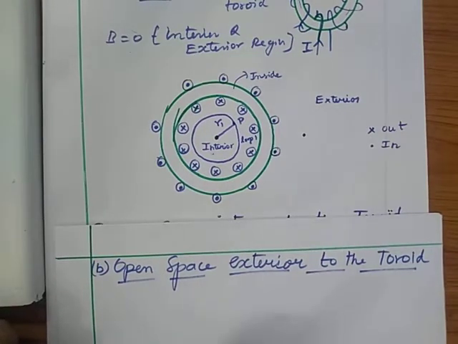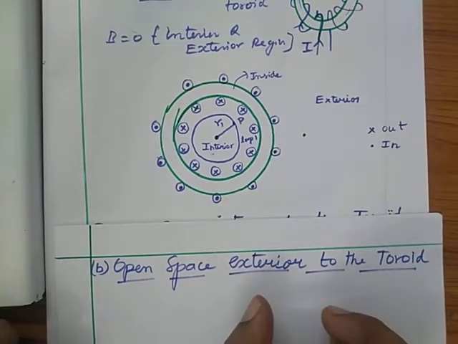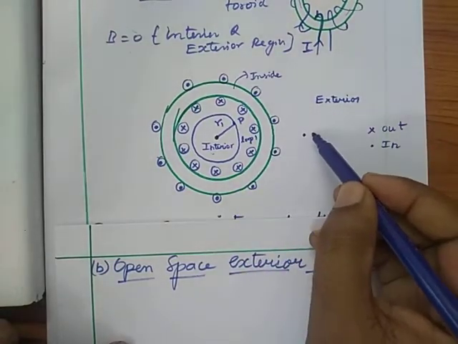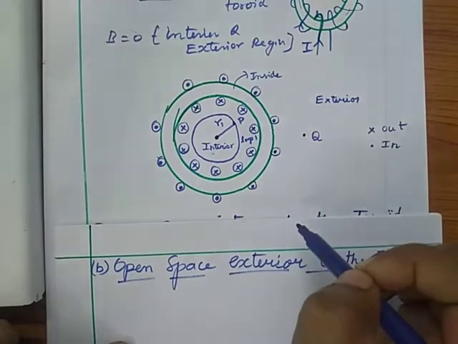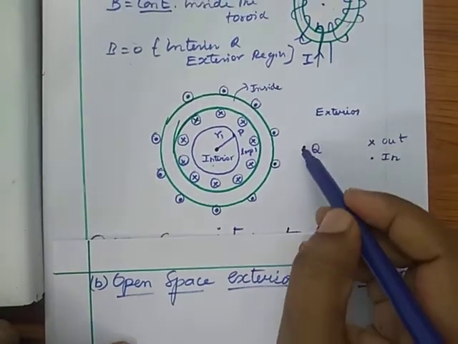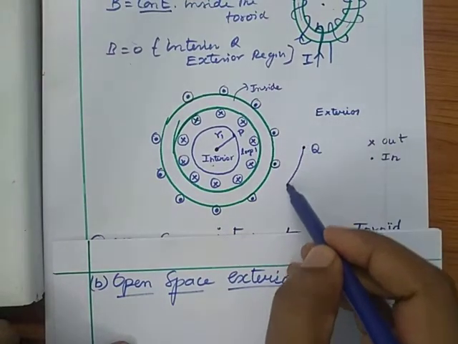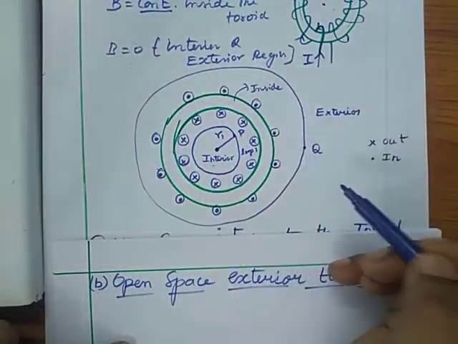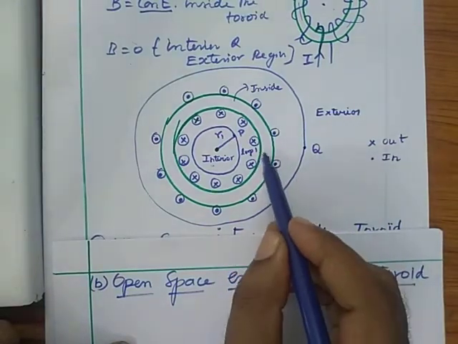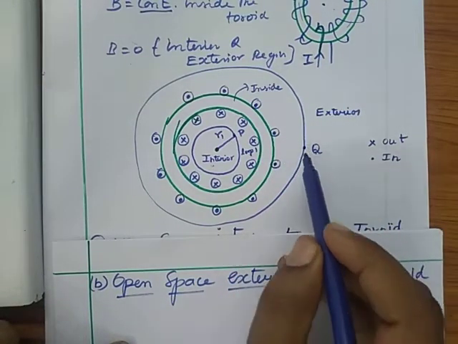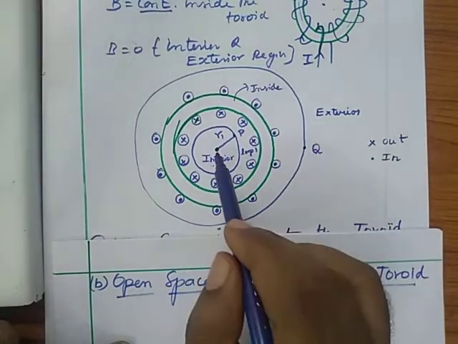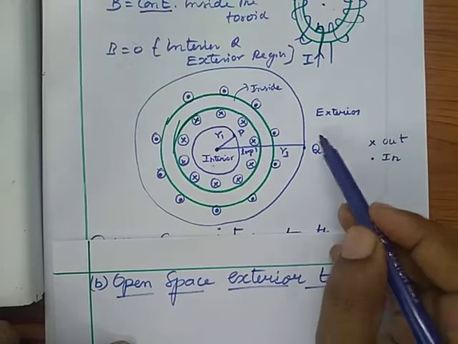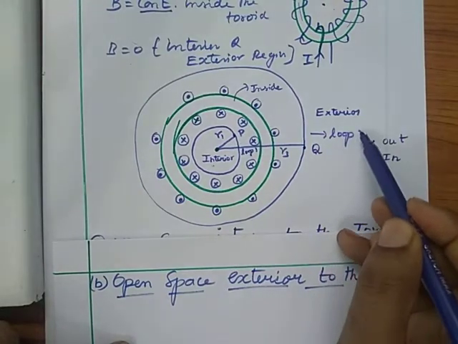Here let me see the magnetic field in the exterior region of the toroid. I consider a point Q in the exterior region. Then I draw an Ampere loop around the point Q, in order to find the magnetic field at the point Q. The radius of that loop is R3, and the loop is said to be loop 3.